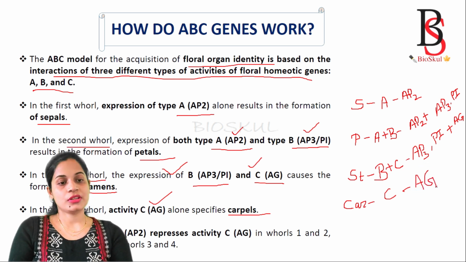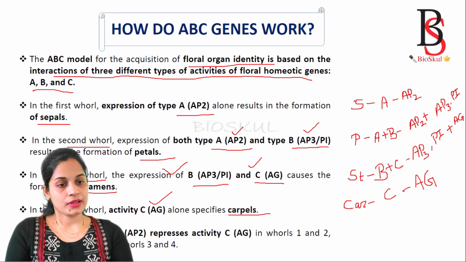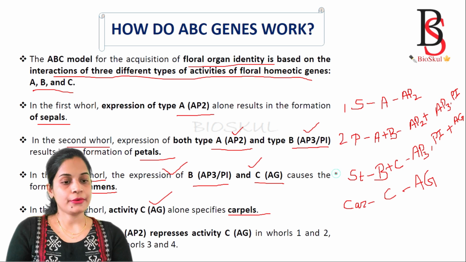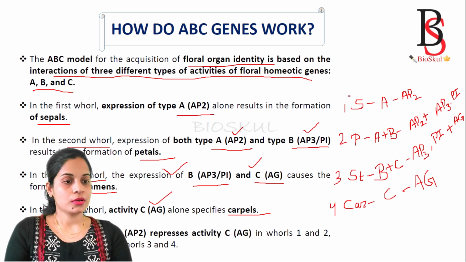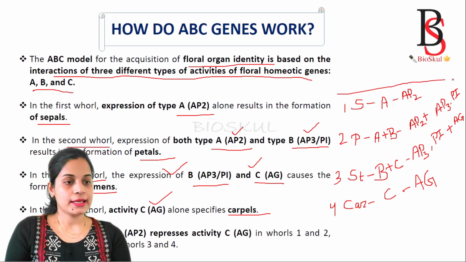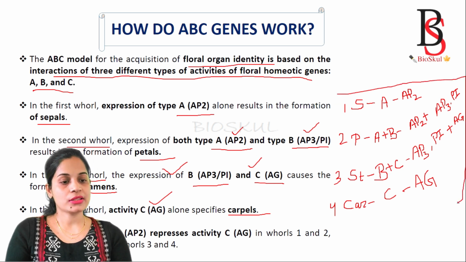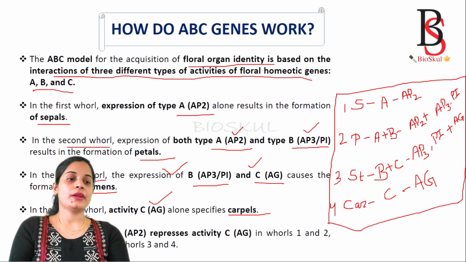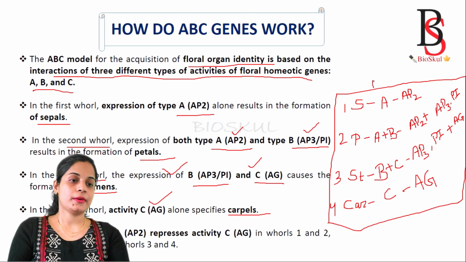Okay, so this is the first whorl, this is the second whorl, this is the third whorl, and this is the fourth whorl. You have to just memorize these points, and it will help you in solving all the questions related to the ABC model of flower development. Okay, this is very important.